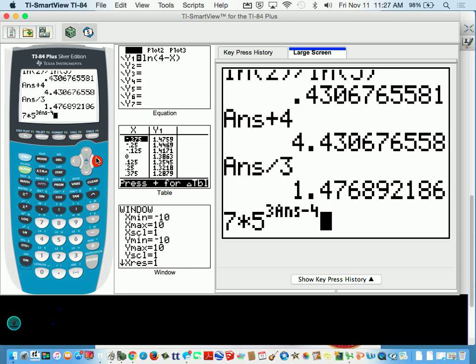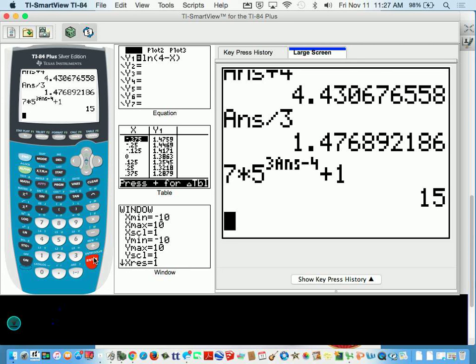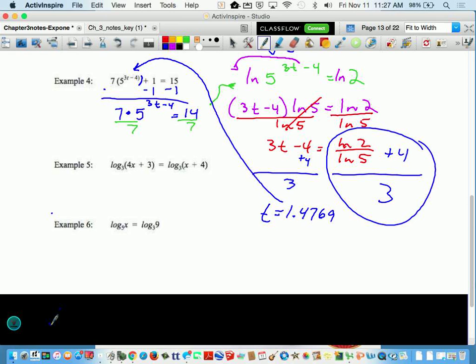Get out of the parentheses and then what? Plus 1. When I hit enter, it should be close to 15. And because I did the exact, now if you type in the approximation, it's not going to be, but because I pasted in the full decimal, it's working.